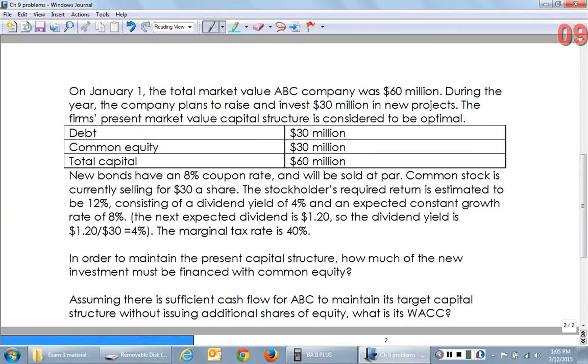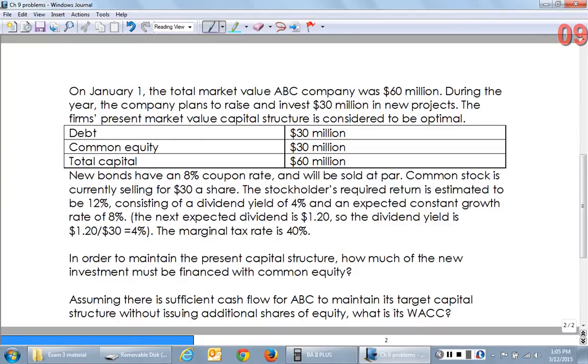The current capital structure is optimal and consists of $30 million in debt, $30 million in equity, for a total value of $60 million. New bonds have an 8% coupon rate and will be sold at par. Common stock is currently selling for $30 per share. The required return is 12%.